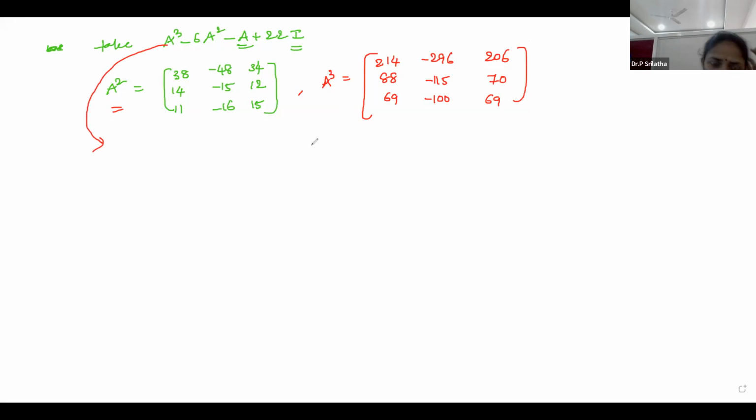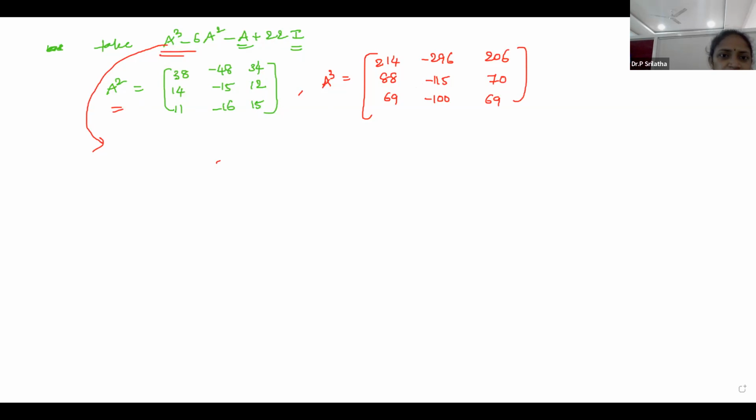Okay, so you have to substitute the A cube, A square and I values in the given equation.